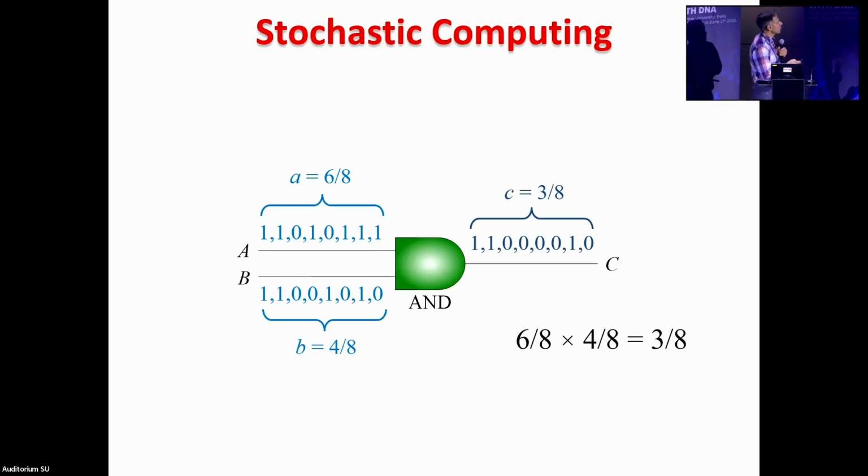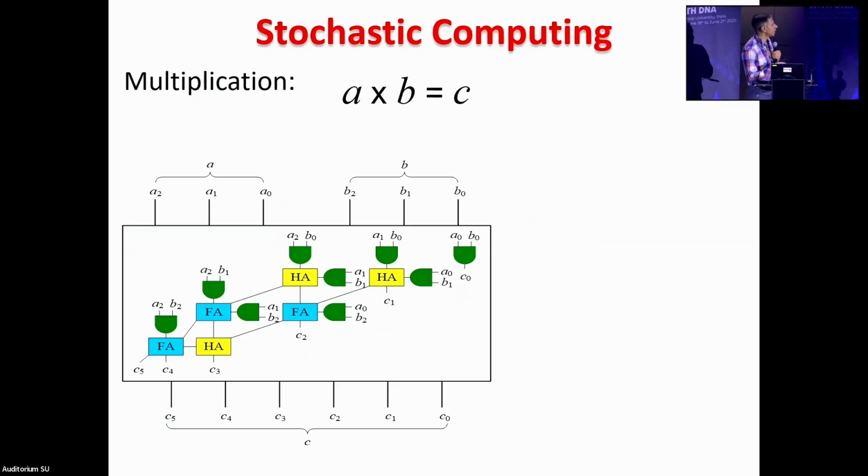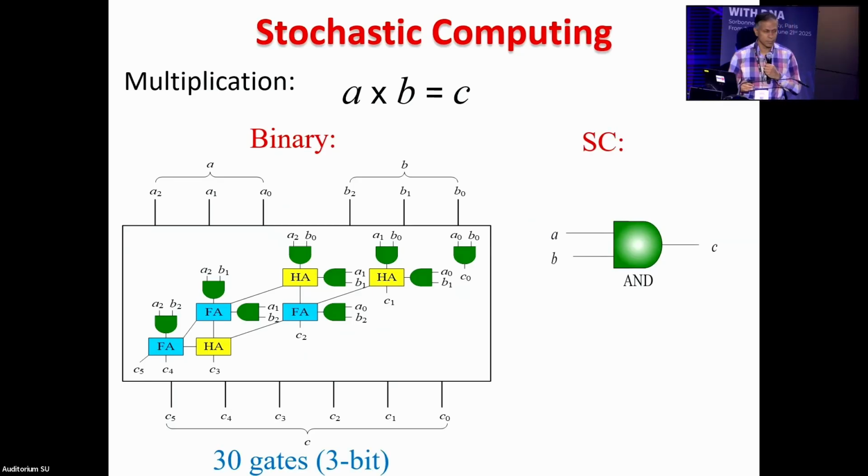So for this example, you see that 6/8 is the first number A, and 4/8 is the other number. And the result is 3/8, which is the multiplication of these two numbers. So in this way, if we compare it to the binary, where we needed 30 gates, we can perform multiplication by a simple AND gate.